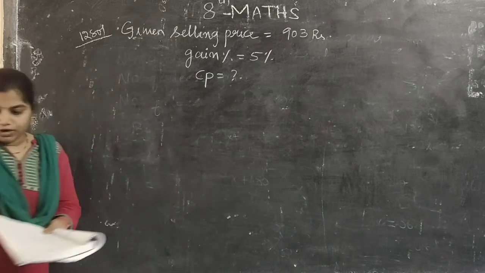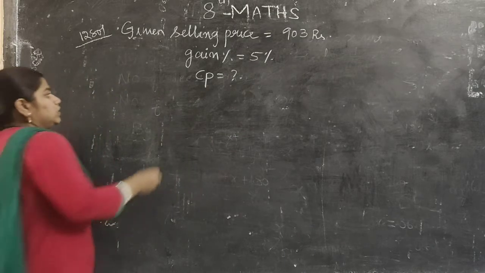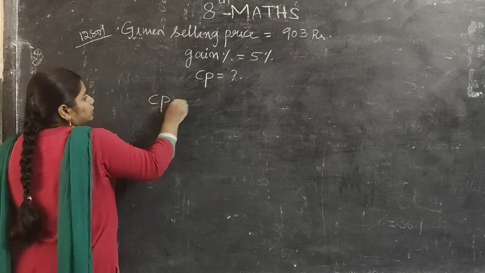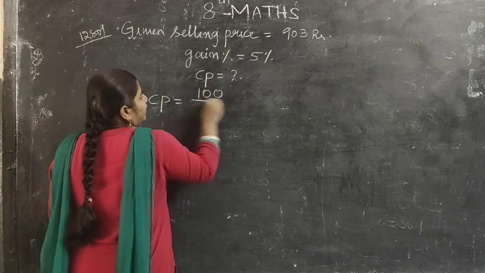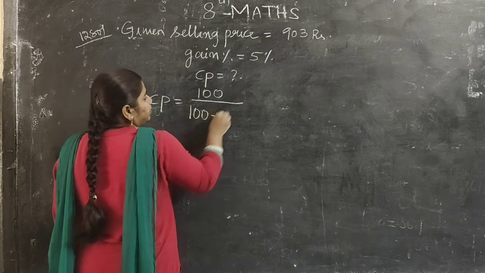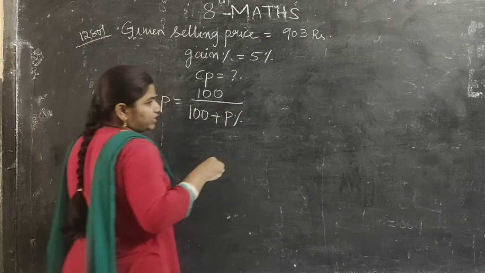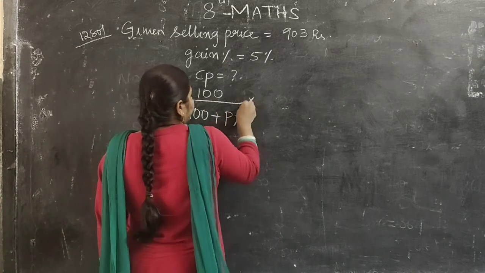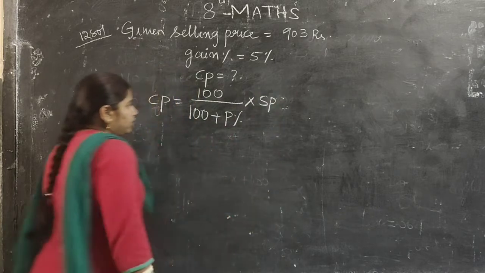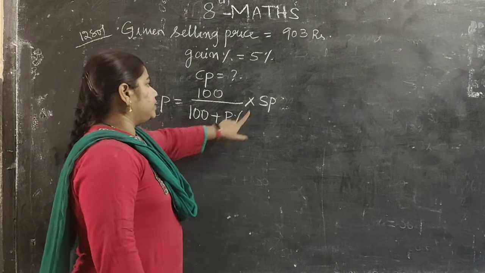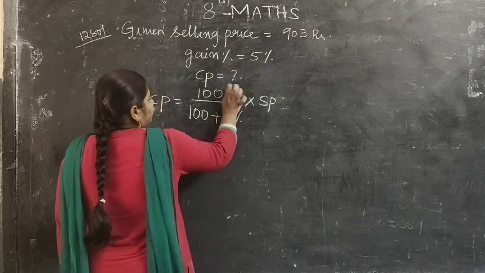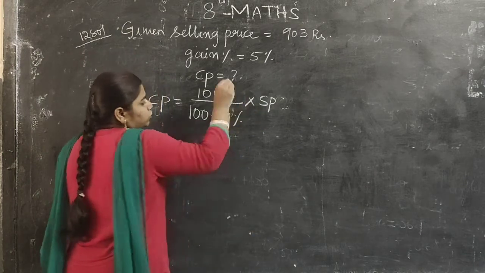So what do we have to find? We have to find the cost price. We already learned the formula for cost price. What is that? CP is equal to 100 by 100 plus profit percentage into SP. Profit is nothing but the gain percentage. So if you want, you can write your gain percentage also.